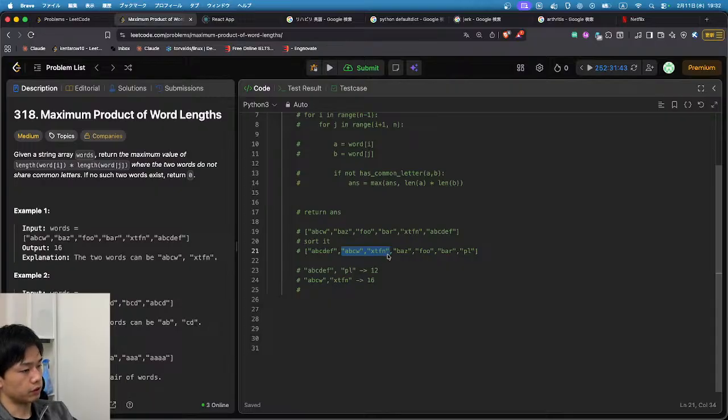At this point we can find out this is the answer because the second word is the longest word.